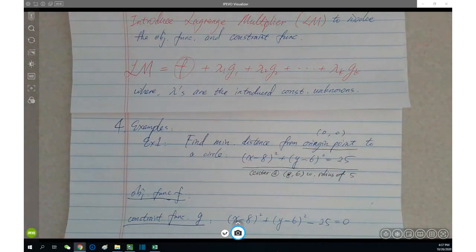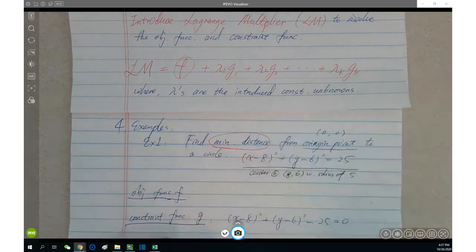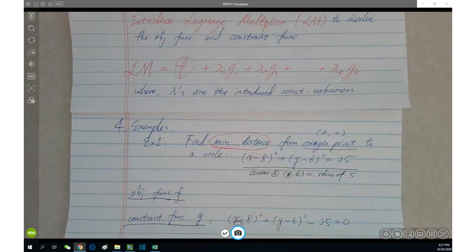So first of all, you need to read the problem. The problem is telling you who is the objective function. Because it's looking for the minimum distance, minimum of the distance. So who is the objective function? Distance is the objective function.